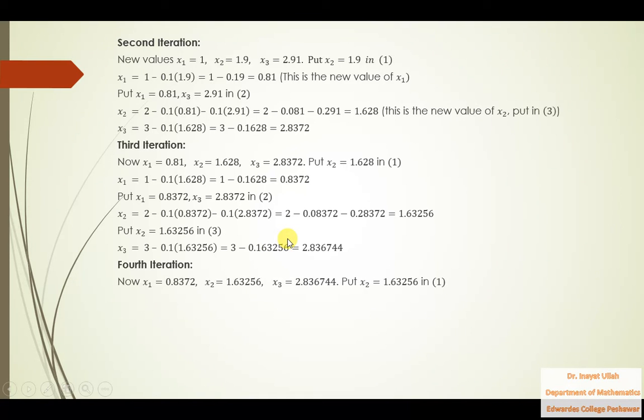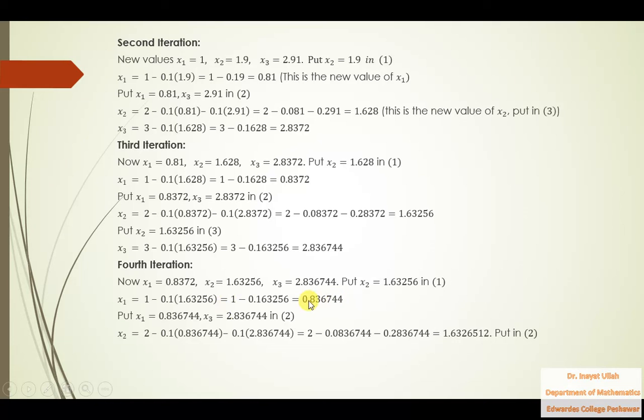And in the fourth iteration, we need to use the updated values of x1, x2, x3. So in equation number 1, only x2 is used, so use this updated value of x2 in equation number 1 to get the updated value of x1 as this. And in equation number 2, x1 and x3 are used, and the updated value of x1 is this value, and the value of x3 is this one.